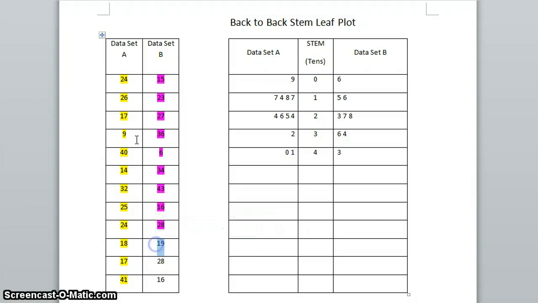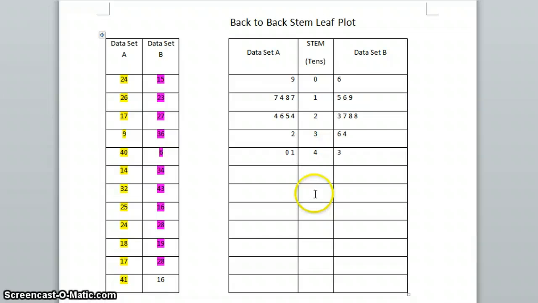Next one is 19, and it's going to be 1, 9, and I'm putting a space between the numbers so that I can see. Next one is 28, and see at a glance there you can see that I've got 2 28s. 2, 8, 8.